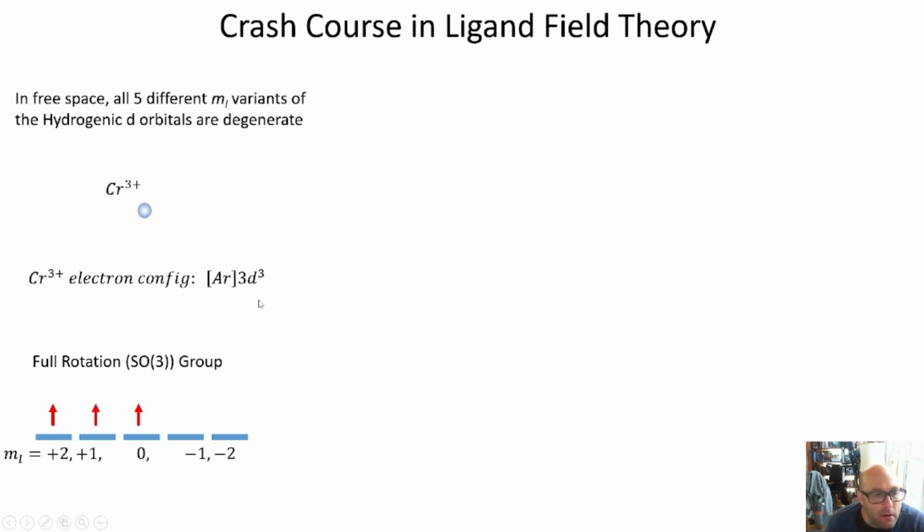And so if you know Hund's rules, you know how to fill up the 5 degenerate m sub L values.